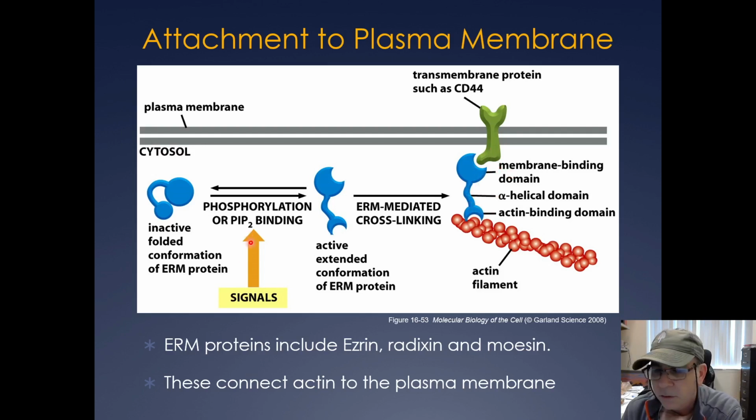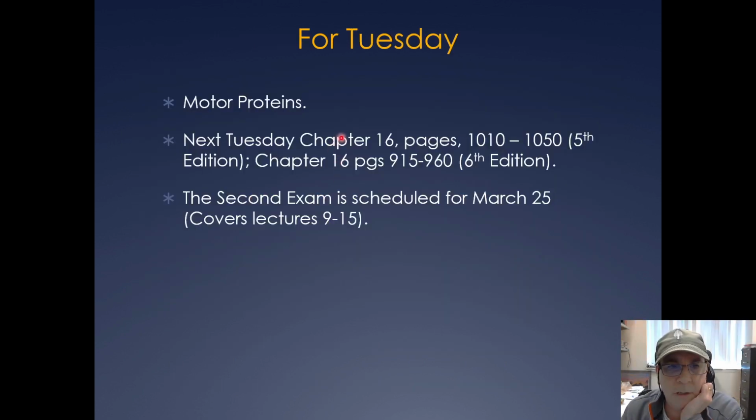So you'll get signals. If you go back to part A of this and look at the neutrophil chasing the bacteria, all the signals are coming in for this to form and push and get the lamellipodia. And some of the ERM proteins are ezrin, radixin, and moesin here, and these help connect the actin to the plasma membrane. Okay, so that's pretty much all that I had for today.